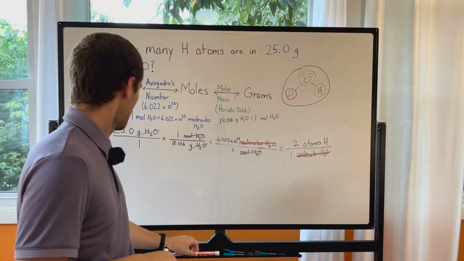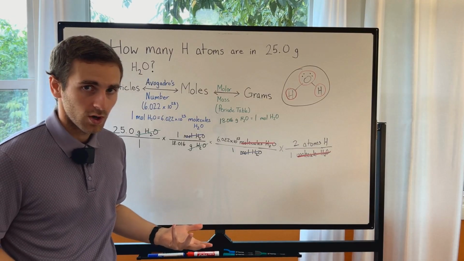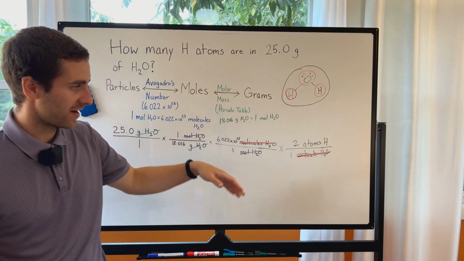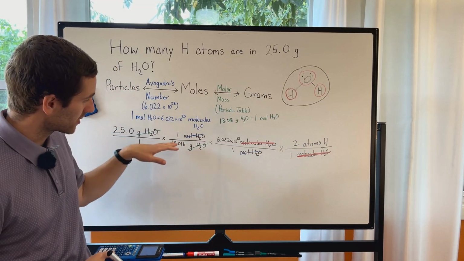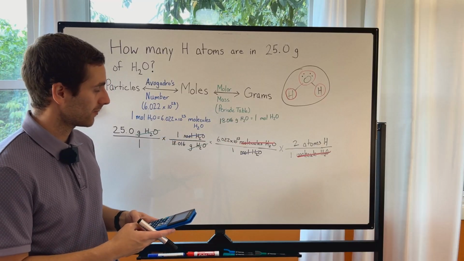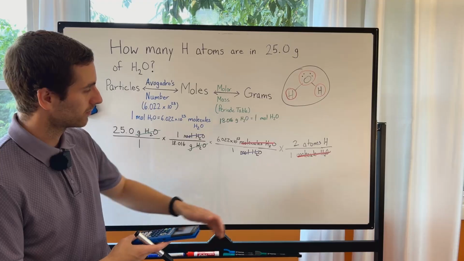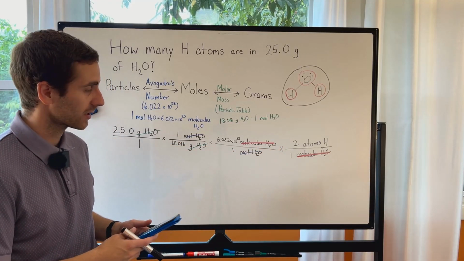So let's go ahead and do this calculation. Remember, you can ignore any 1s. The other numbers you're going to multiply along the top, divide along the bottom. So we have 25 times Avogadro's number times 2, and then divided by 18.016.